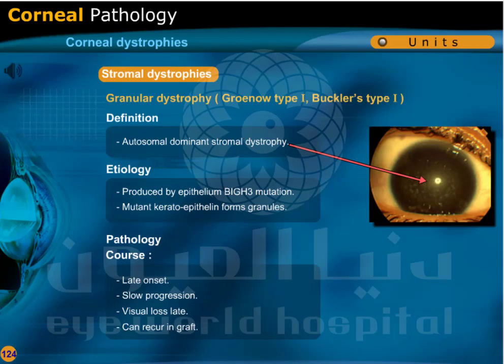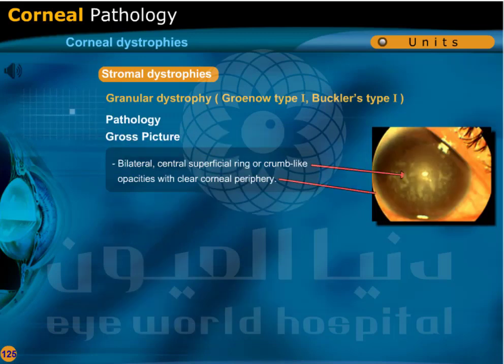Stromal dystrophies. Granular dystrophy, Groenouw type 1, Bücklers type 1. It's an autosomal dominant stromal dystrophy. Etiology: produced by epithelium BIGH3 mutation. Mutant keratoepithelin forms granules. Pathology, course: late onset, slow progression, visual loss is late, and can recur in graft.